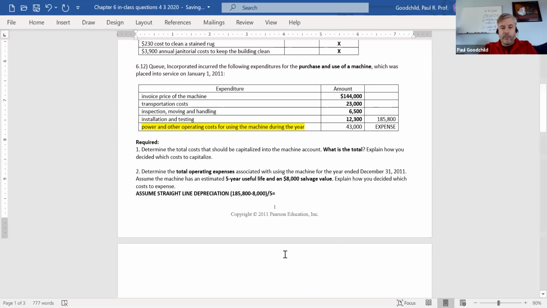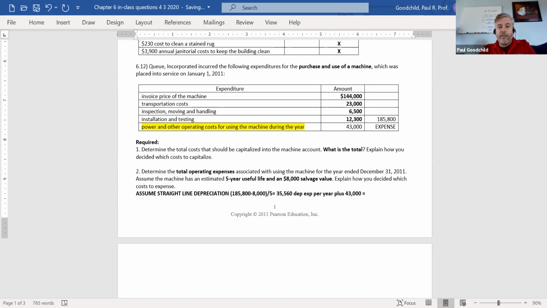And so quick calculator, 185,800 minus 8,000 divided by 5 gives us 35,560 in depreciation expense per year, plus the 43,000.